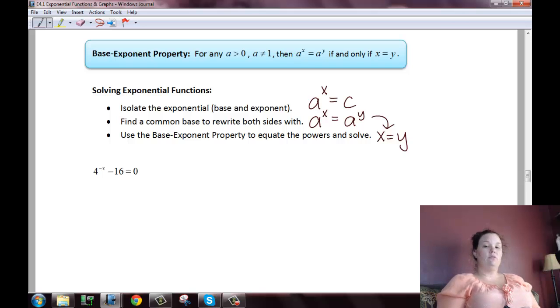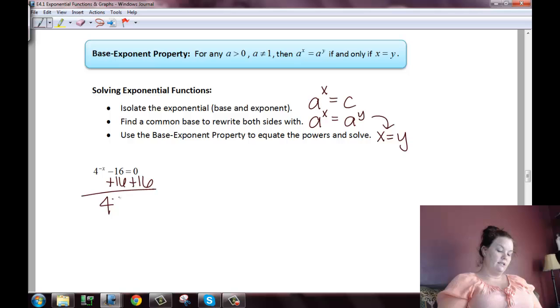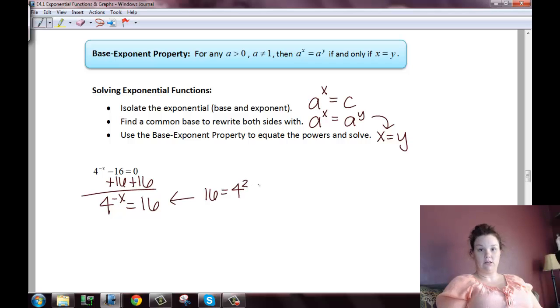First thing we do is move our constant over so our base is isolated. So I'm going to add 16 to both sides. So I have 4 to the negative x is equal to 16. Now I want to be able to write these with the same base. In this case, we're lucky because notice 16 is the same as 4 squared, right? So I'm just going to replace that 16 with 4 squared.